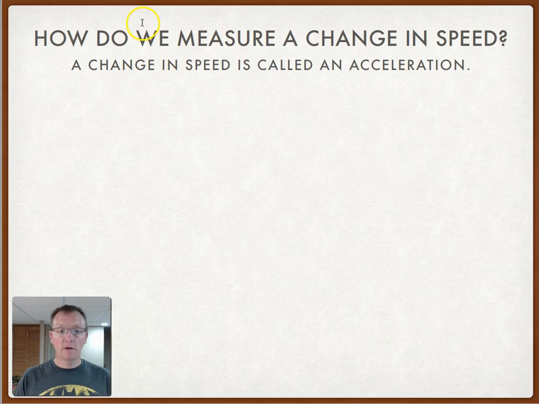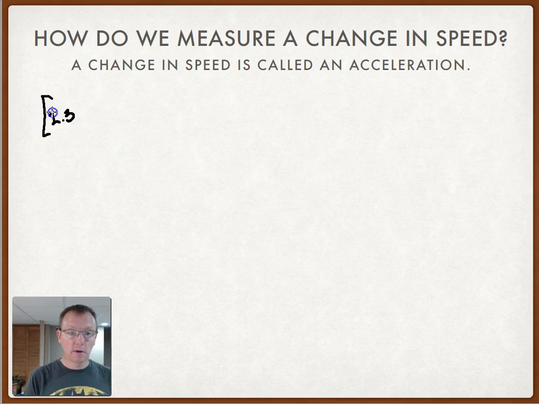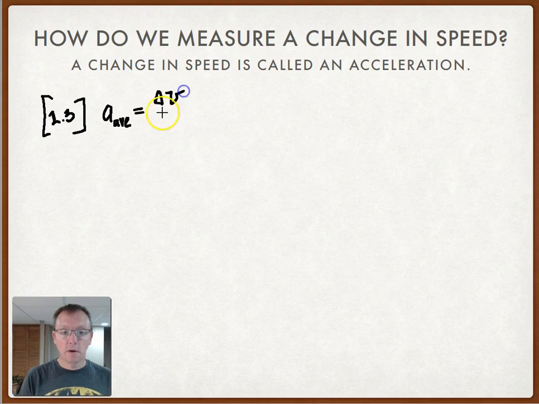How can we measure it? Well, we're going to measure it using our next equation. So this is equation 2.3 on the formula sheet, and it has a very similar format to one that you've already seen. It says the average acceleration is equal to the change in the velocity over the change in the time.